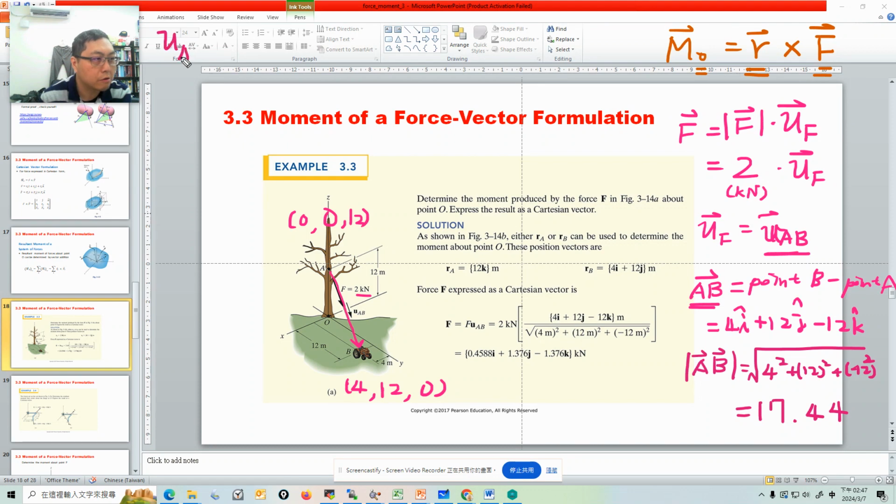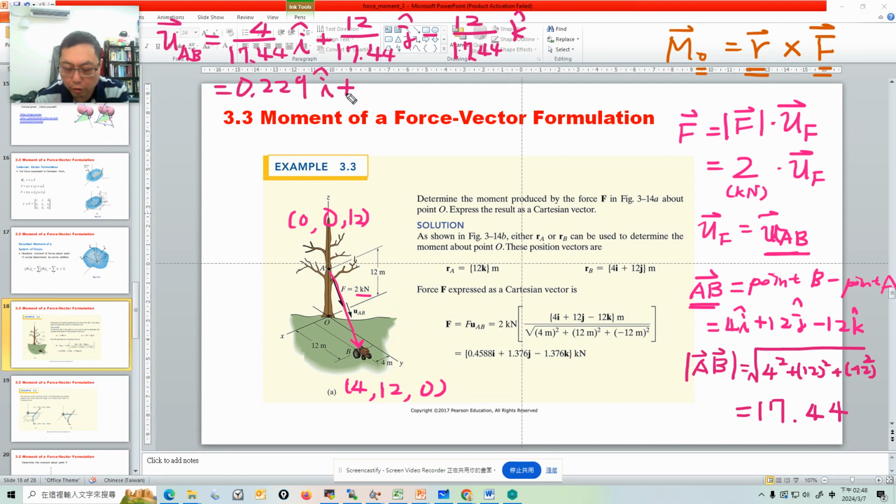So the unit vector of AB is equal to 4 divided by 17.44 i plus 12 divided by 17.44 j minus 12 divided by 17.44 k. So what's the result? 4 divided by 17.44 is 0.229 i, plus 12 divided by 17.44, which is 0.688 j, minus 0.688 k.